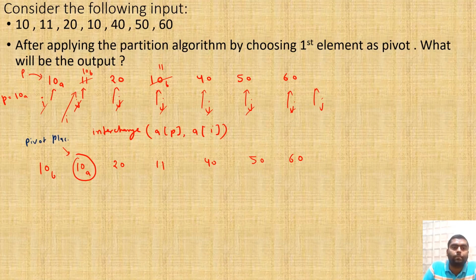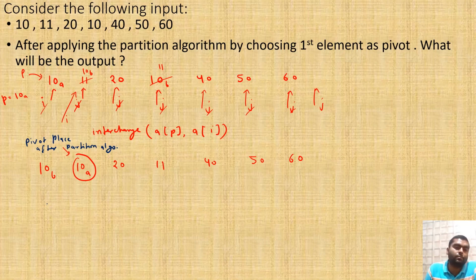After the partition algorithm, all the lesser or equal values are on the left side.